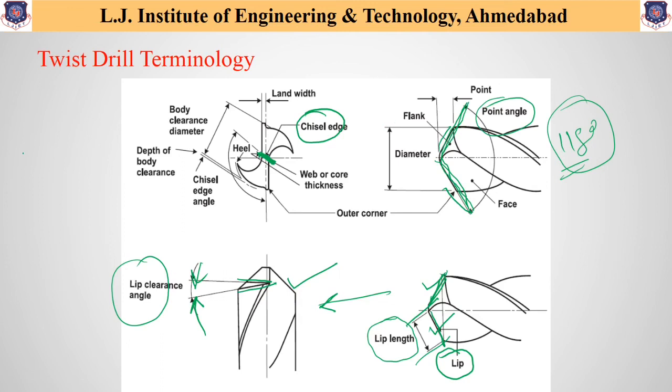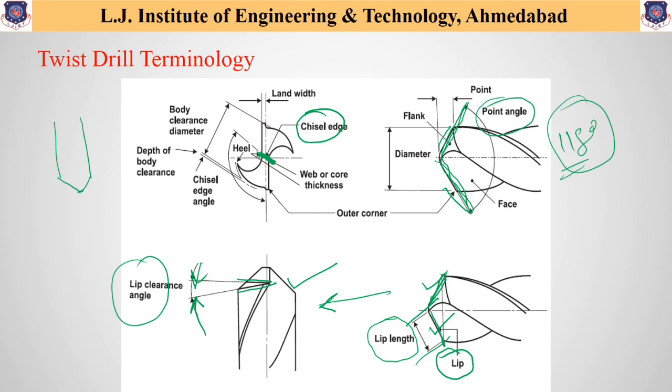If we simply discuss the drilling operation, the drill bit has the lips and a certain section is provided to connect them, and these lips are helpful to remove the material during the cutting operation. But this chisel edge starts cutting or generates a small hole in the workpiece, and after that these lips remove further material to complete the hole. So this chisel edge is important to start the drilling operation.